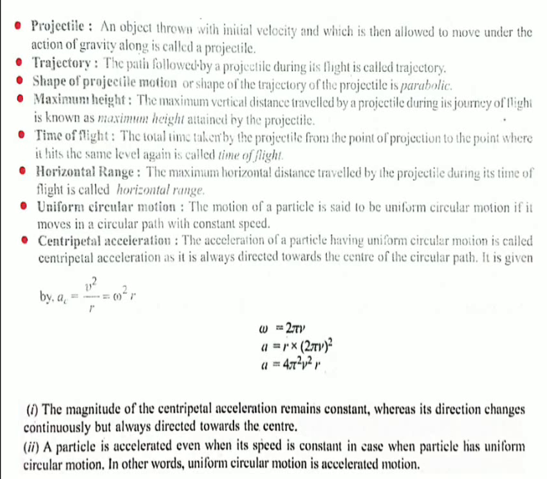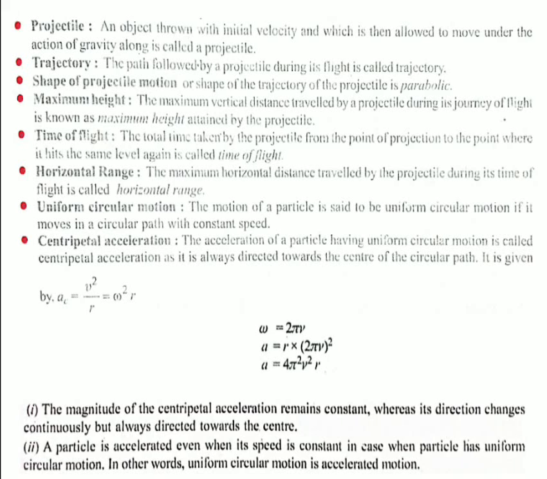Next, AC can also be expressed in terms of angular speed. We know that V is equal to R omega, and the expression we have obtained is omega square R. We can also express the acceleration in terms of frequency.